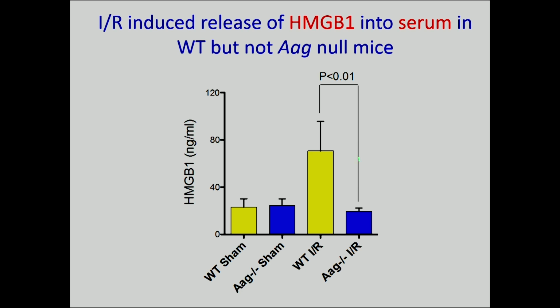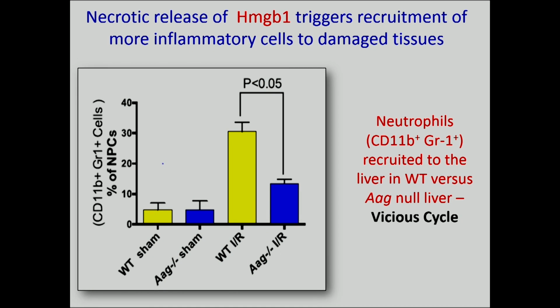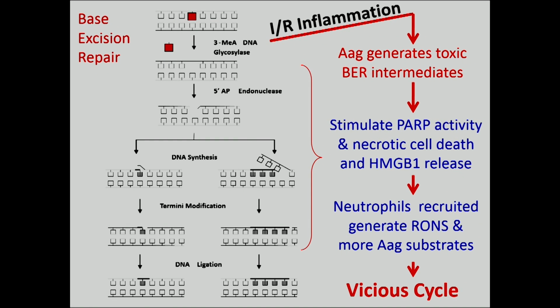This is HMGB1 present in the serum of wild type animals that have undergone ischemia reperfusion: the presence of this glycosylase throws HMGB1 out into the serum to stimulate inflammation, and in the absence of repair, that doesn't happen. And if we look at the recruitment of neutrophils into the liver, indeed, you have more recruitment in the wild type.